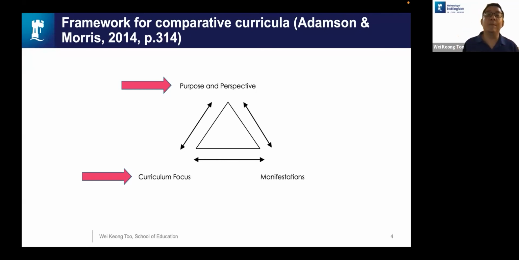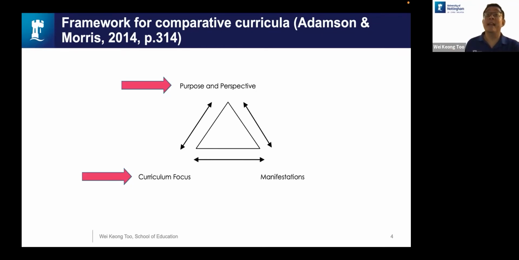So if we look at this framework, because this is a document analysis, and I'm working on the discourse that's presented in the document, therefore I'm focusing specifically on purpose and perspective and curriculum focus. I'm not looking at manifestation.